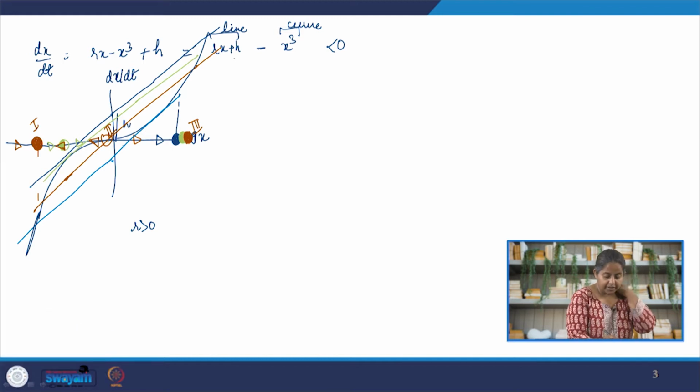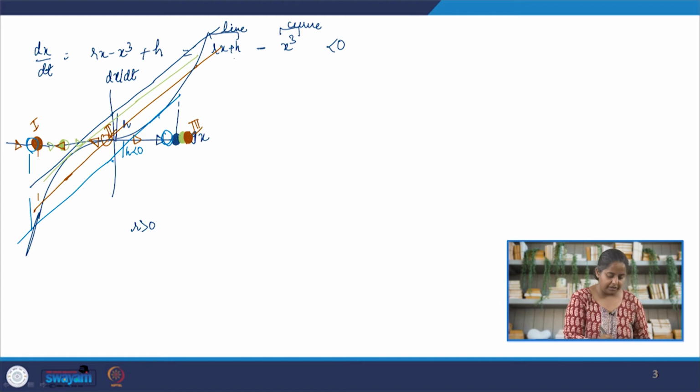So here the h is negative, and what is happening is it is intersecting the curve on the left side of the y-axis in only one place. So we have a new fixed point here, and then in the first quadrant the curve and the line are only meeting at the point of tangency. The curve and the line are meeting only at one point where they are tangential to each other. So clearly 2 fixed points have merged into one.